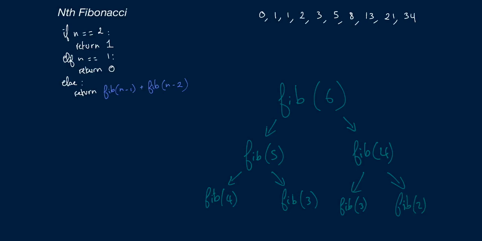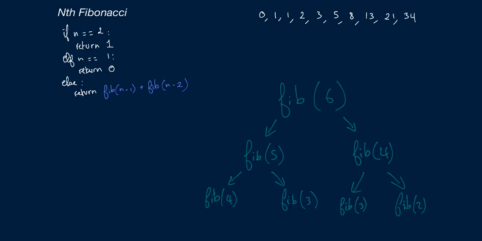And already here we can see that we're repeating a bunch of computations. We have fib of 6 that calls fib of 5, and fib of 5 calls fib of 4, but then we're going to have to call fib of 4 again up here, and then fib of 5 also calls fib of 3, which is going to have to be calculated again here, and this goes on a bunch of times until we hit the base cases.